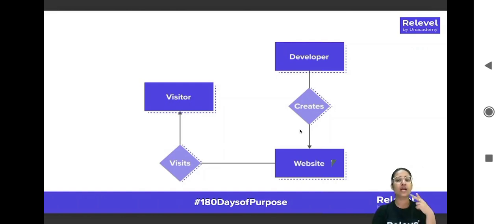So visitor, developer, and website, all these three are entities and they have relationships. Visitor has a relationship with website in the sense that visitor visits website. Developer and website are related to each other in the sense that developer creates website. So this, in a very bare minimum sense, is what an ER diagram is.